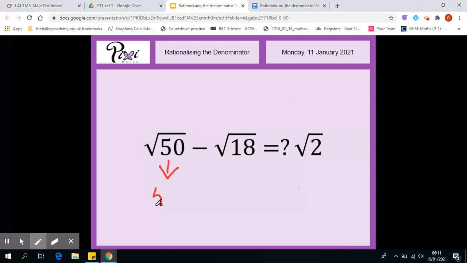Hence, this can be simplified into 5 square root 2. Square root 18 can be written as square root 9 times square root 2, which can be further simplified as 3 square root 2. Hence, 5 square root 2 take away 3 square root 2 gives us 2 square root 2.